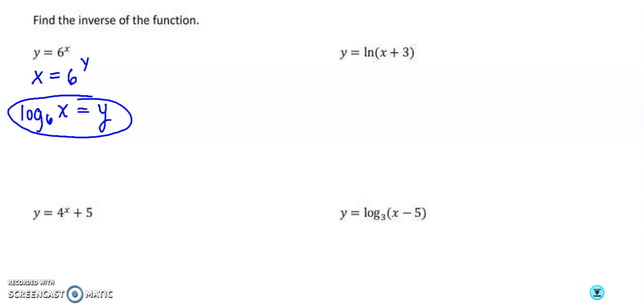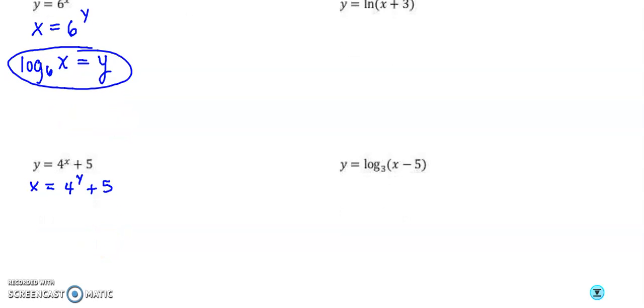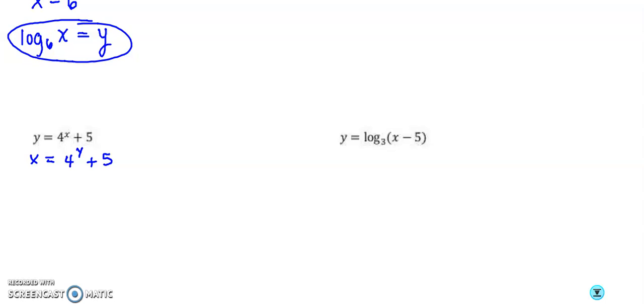All right, let's stick with some exponential examples. So I'm going to go to the one right below it. This one, we're going to start, switch the x and y, but there's an extra step involved here. Instead of going right for eliminating the 4 at the base of the power, we have to get rid of that 5 first. So I'm going to subtract 5 from the other side, and then apply the log base 4 that I need. There's an extra convention involved here because the left side contains more than just one term, like 1x.